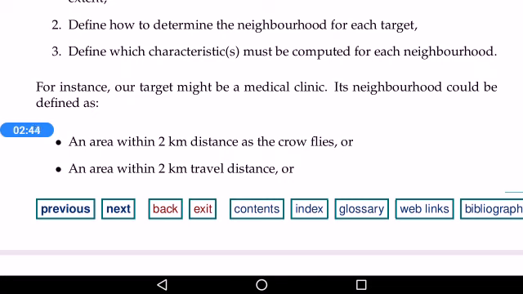Or if we are talking about the medical clinic, then which are the hospitals in the 2-kilometer distance from this medical clinic? So like that we can find out many things by first considering what is the neighborhood and then trying to find out the characteristics for that neighborhood.